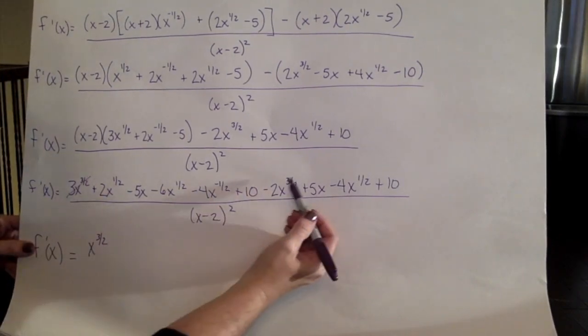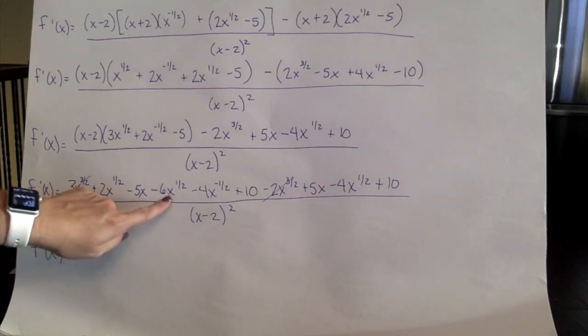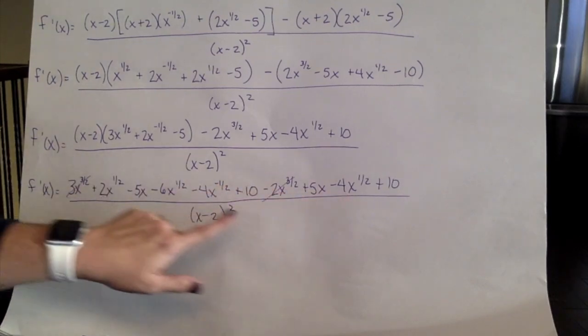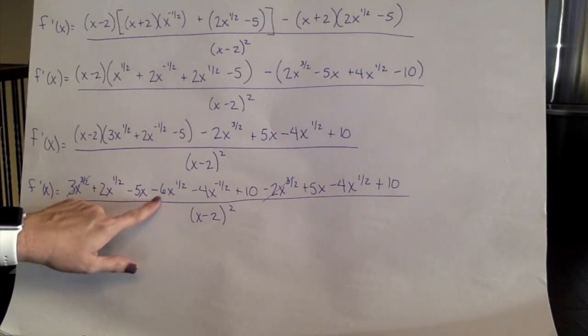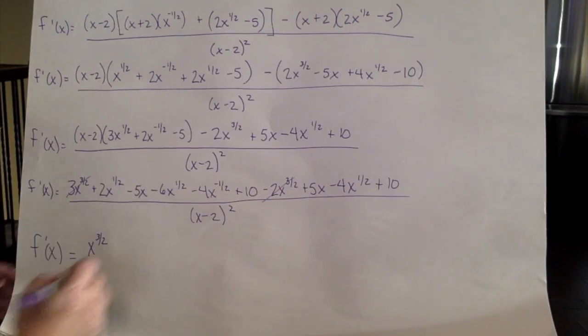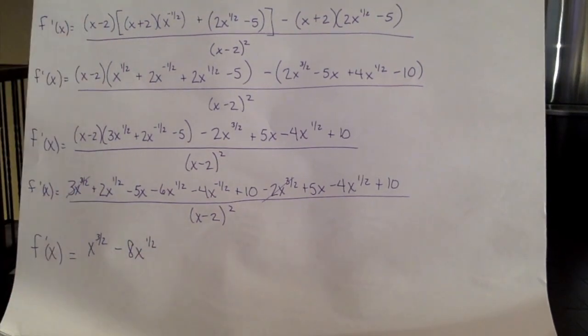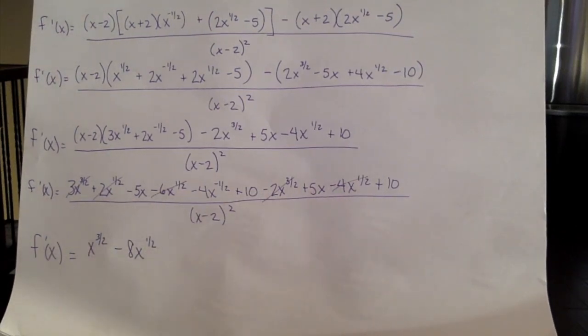I'm going to go ahead and just mark those out because they're done. Next, I have 2x to the 1 half. I have negative 6x to the 1 half, and I have negative 4x to the 1 half. So I have 2 minus 6, which is negative 4, and negative 4 minus 4 is negative 8. X to the 1 half. And again, I'm going to go ahead and mark those out because I'm done dealing with them.